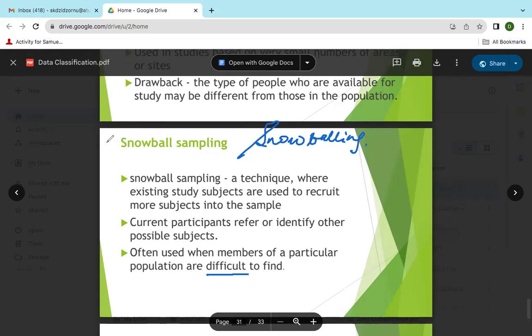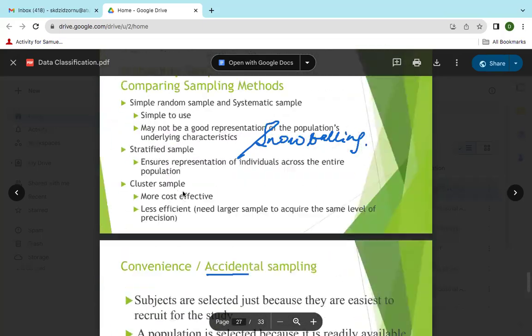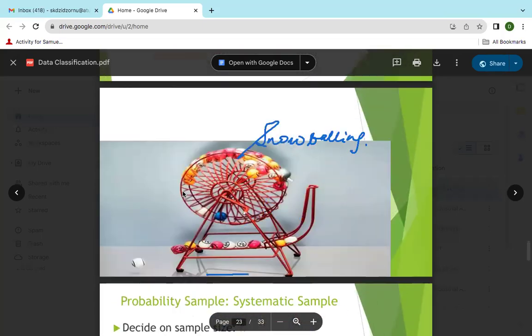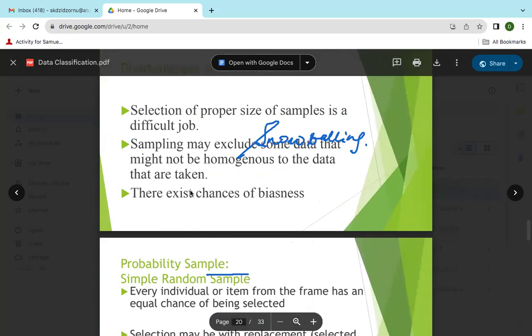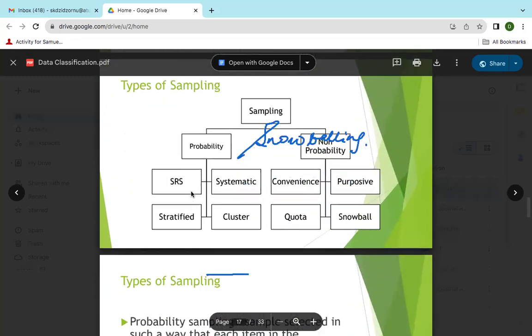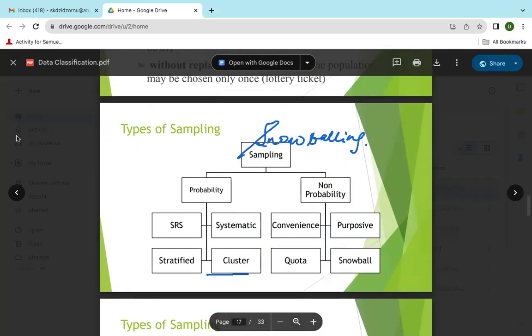So, ladies and gentlemen, this brings us to the curtains draw of our conversation on sampling. Just to summarize, this is what we've done today. We've looked at types of sampling: probabilistic sampling and non-probabilistic sampling.